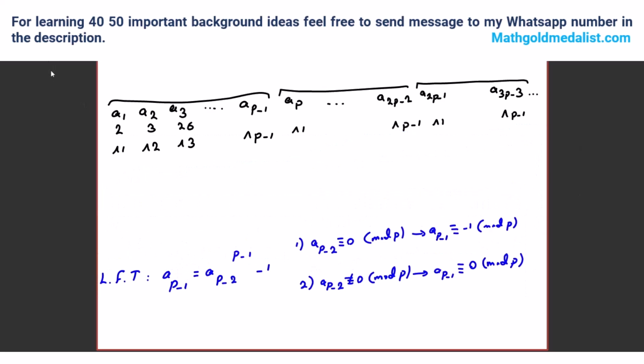If the previous one is 0, this one would be negative 1. Negative 1 to the 1 minus 1 is minus 2. And minus 2 squared minus 1 is 3. Or if it is not 0, then this one would be 1.